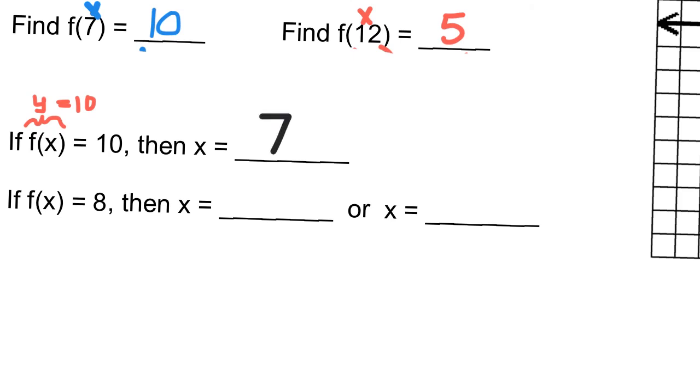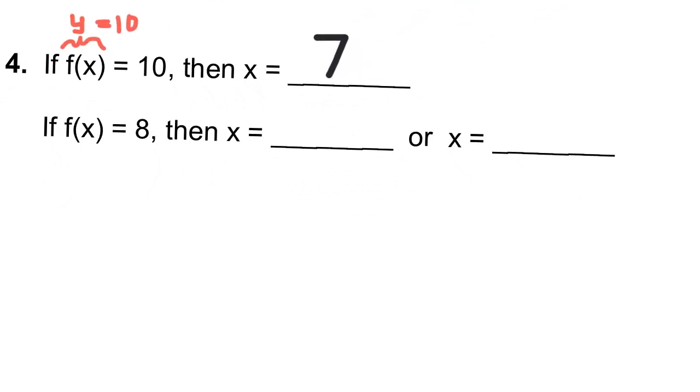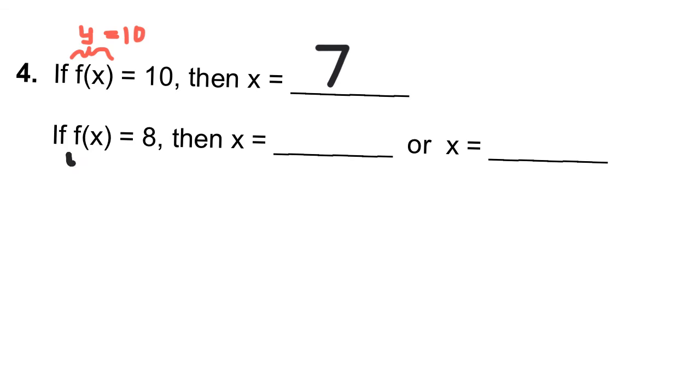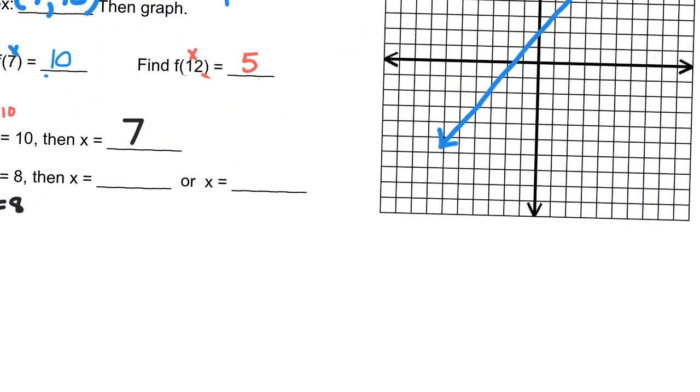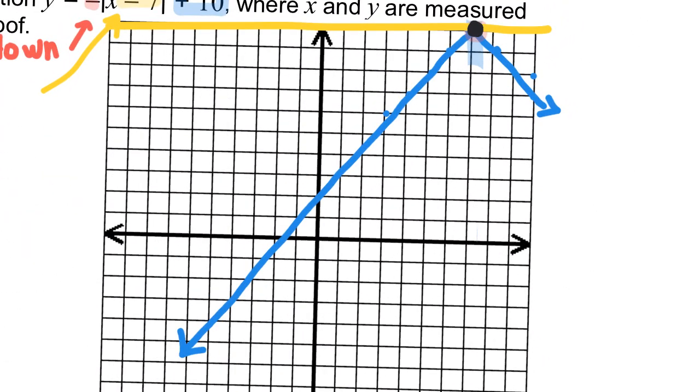Now looking at your graph is so important because I want you to look at the second part. If f of x is equal to 8, then that means our y is equal to 8. There are two solutions to this. That's why I want you always going back to the graph. So if y is equal to 8, let's take a look and see which one that is.